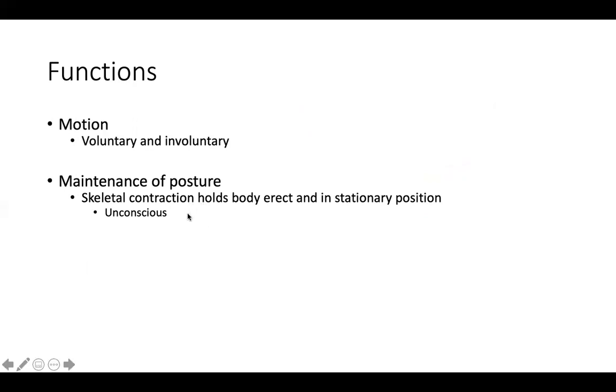In my lab, Terry gave a wonderful example of this with the soleus. He mentioned for his fun fact that if the soleus weren't there, you would fall forward. It's a great example of how the body maintains our posture. You're not telling your soleus to activate so you don't fall forward, but it's activated unconsciously.